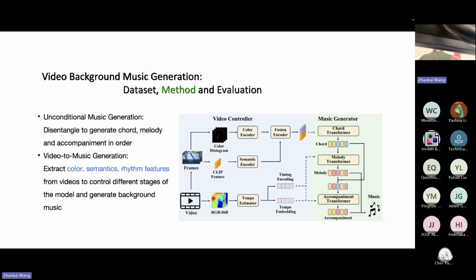We use the color and semantic features to control the chord generation process. And the tempo information is used to control the melody and accompaniment generation.